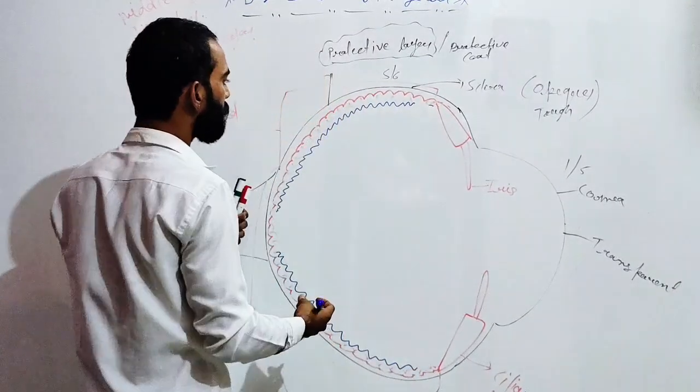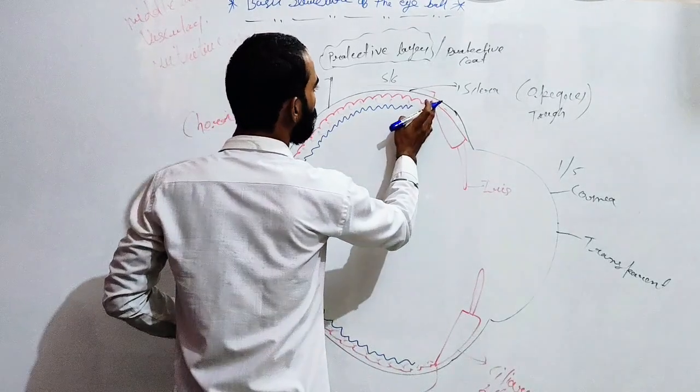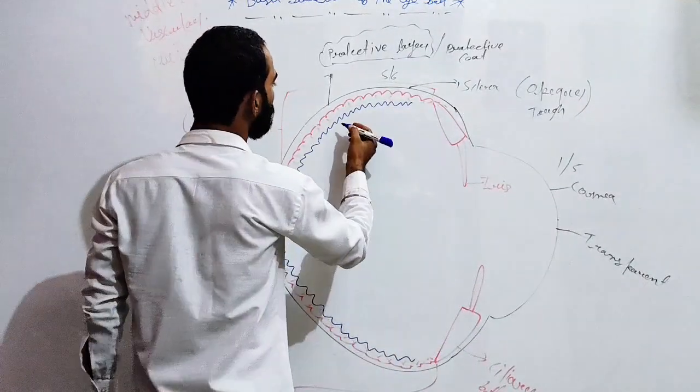Retina is also divided into two parts, or we can say two layers.